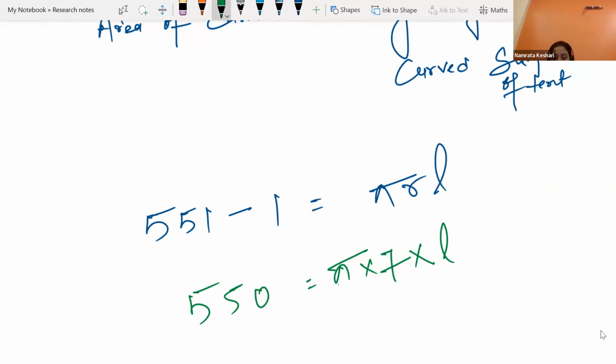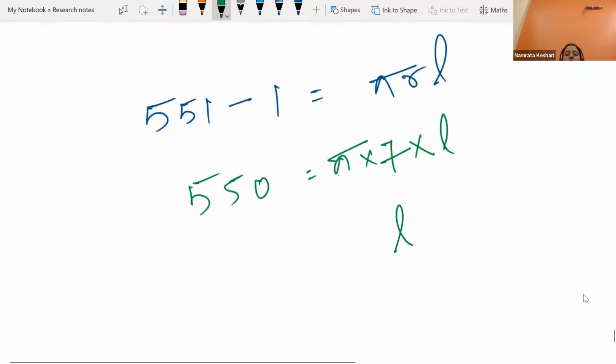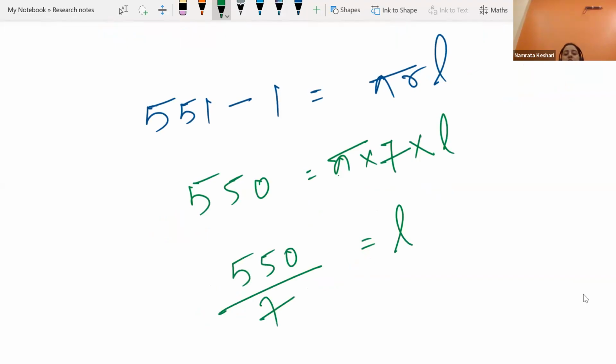Let me check it. Yes, here it is not mentioned to take pi as 3.14. Whenever we are supposed to use pi as 3.14, it will be given in the question, so that we will not get confused. So let's continue. Find l from here. 550 by 7, and pi is 22 by 7. You do the calculation your own way and tell me what is l.